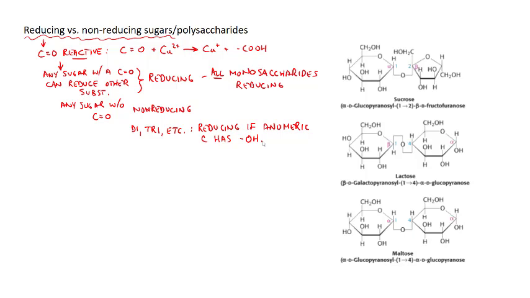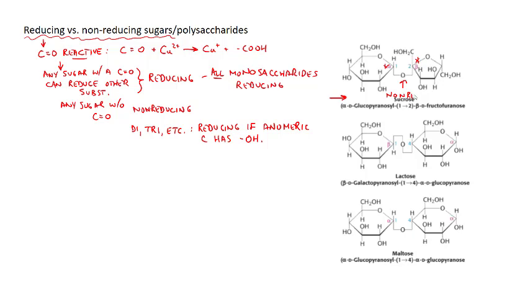So for example, sucrose, this sugar at the right, common table sugar. This is our first anomeric carbon. That's our other one. So notice that the fructose on the right is not drawn in the standard form because the anomeric carbon is on the left. You'll see that neither one of those has an OH because they're in a glycosidic linkage together.